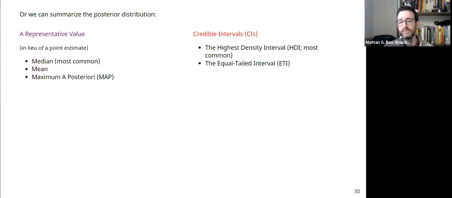And we have the equal tail interval, which is more familiar to people transitioning from frequentist statistics, where we slice equal tails off of our posterior. So I can say I'm cutting the 2% highest values and the 2% lowest values, and now I have a 96% credible interval between these ranges.